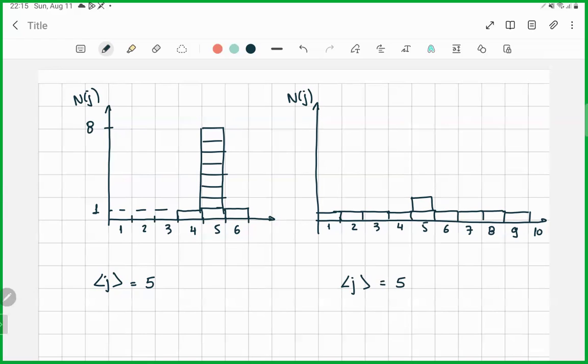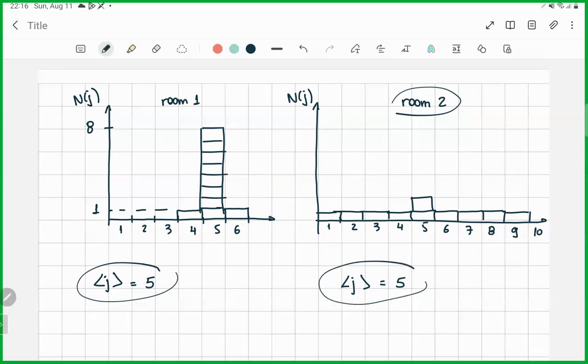But clearly, the distribution in room 1 is very different from the distribution in room 2. What is the difference? In room 2, the distribution is much more spread out. So if I give you just the mean, you don't have enough information.